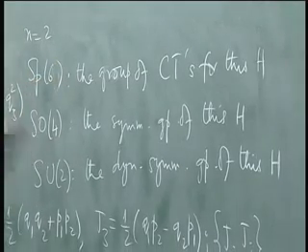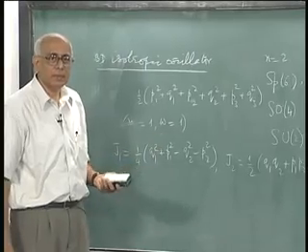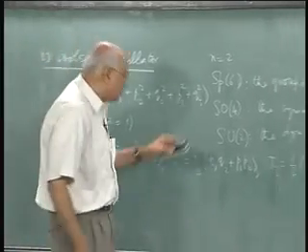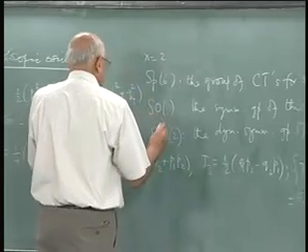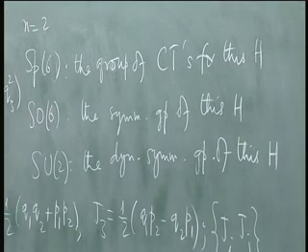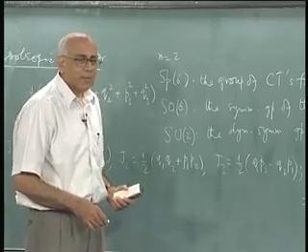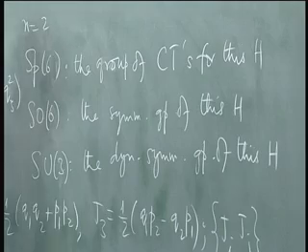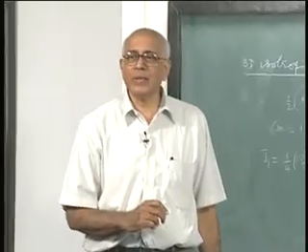What would this be replaced by? SO6, because there are 6 of these, and you could ask what is this going to be replaced by? It turns out it is replaced by SU3. How many generators would SU3 have?